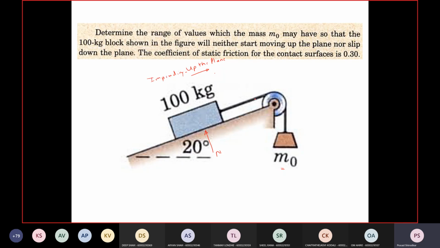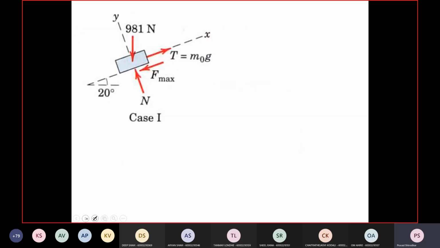Then there will be tension T. Frictional force will obviously be opposite. This will be F max, and the block has weight 100 into 9.81. And this angle is 20 degrees. So let me draw the free body diagram.